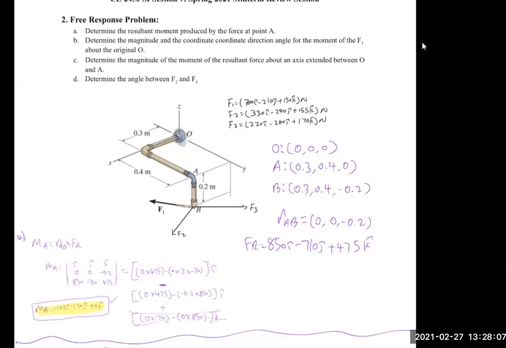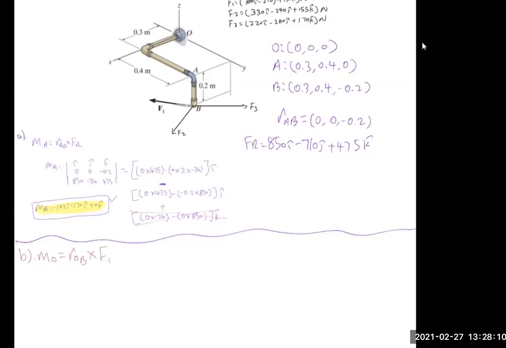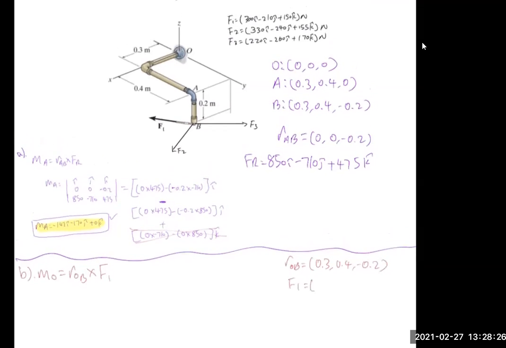From here on, it's very simple. ROB equal to B minus O, so 0.3, 0.4, negative 0.2. My F1 is 300I minus 210J plus 150K. Then my I, J, K.